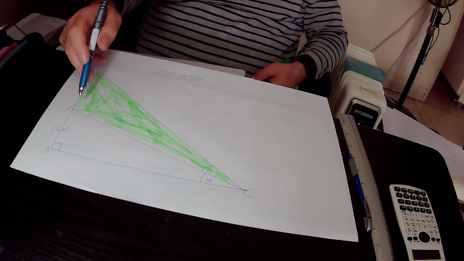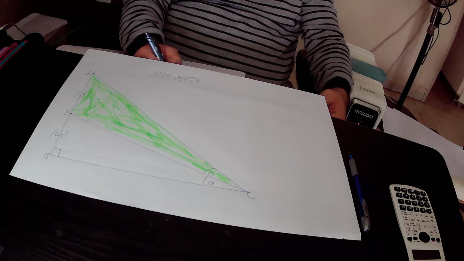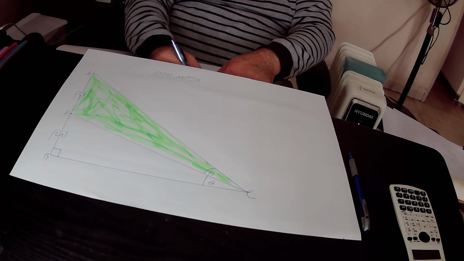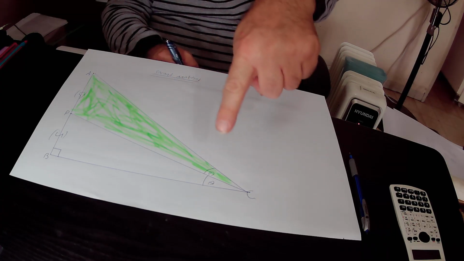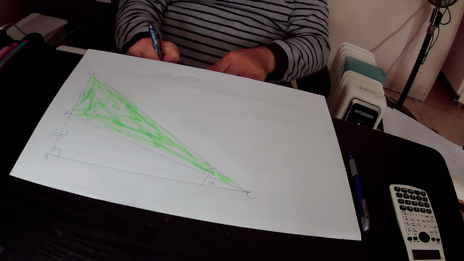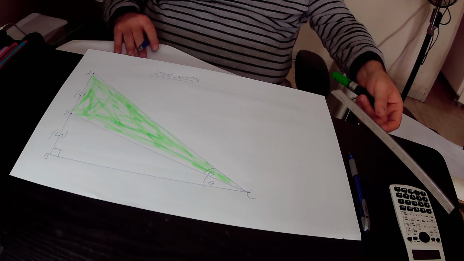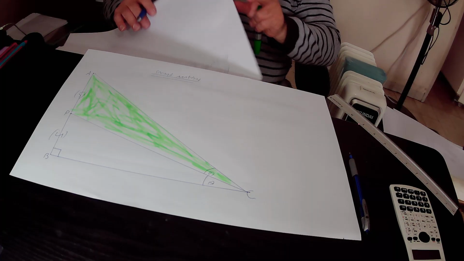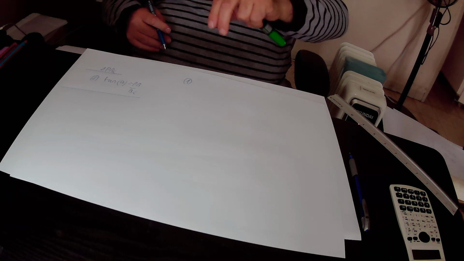In the right triangle PBC, it is very easy to see that tangent theta equals PB over BC.